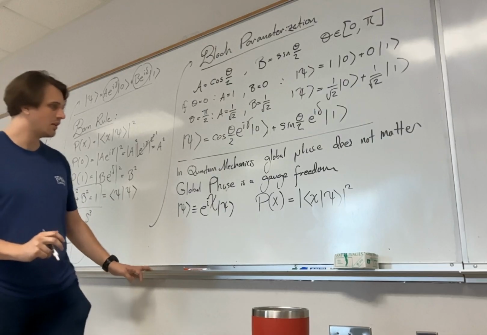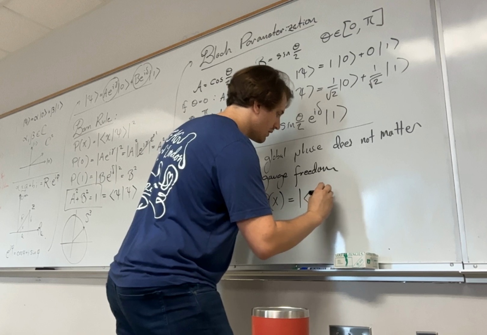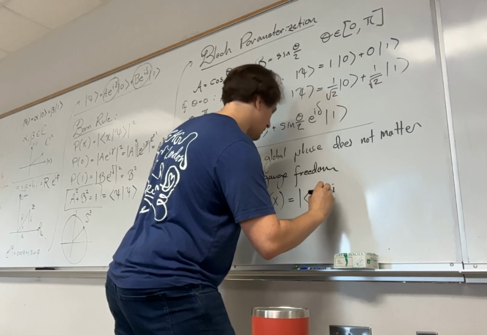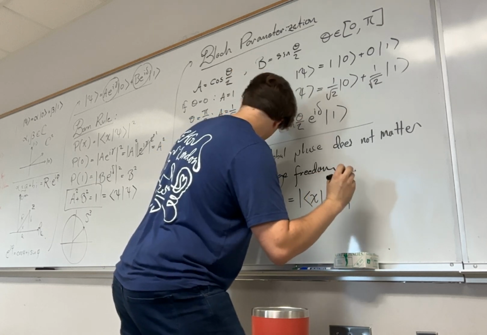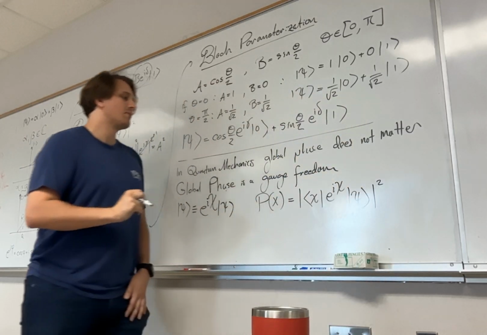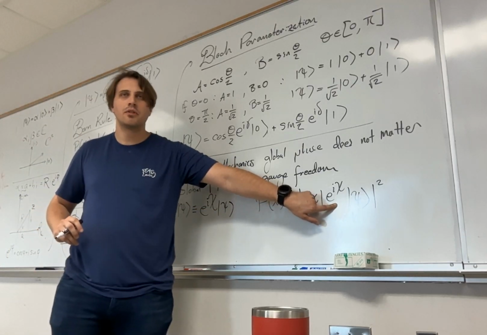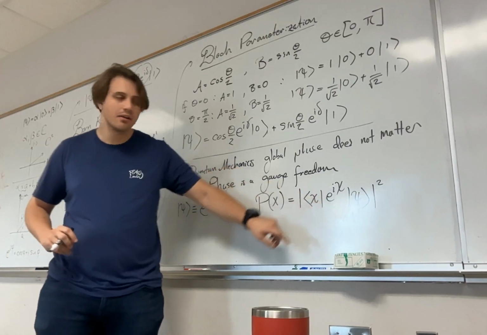But what I would actually write down, sorry, pardon me, is the inner product with e to the i psi, or chi, is what I'm writing. And for the same reason as before, this constant multiple can be moved outside of the mod.